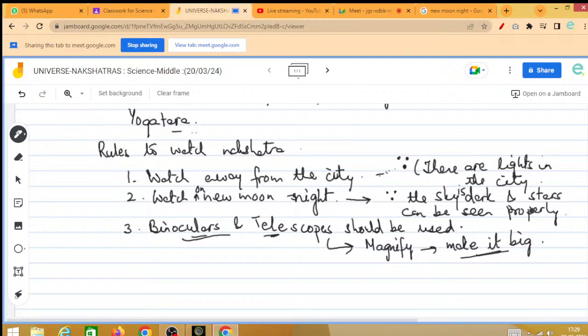There are many apps which you can use to see the stars in the sky. Through the camera only it allows you to see. It uses the camera of the phone only, and you can see those different shapes also being formed, the constellations which we just saw.